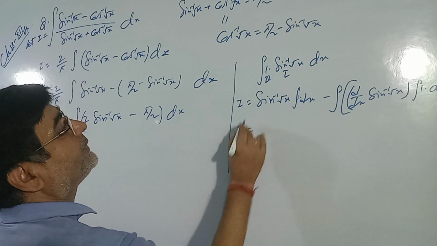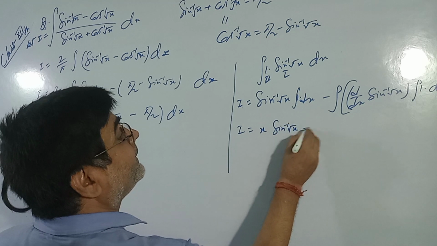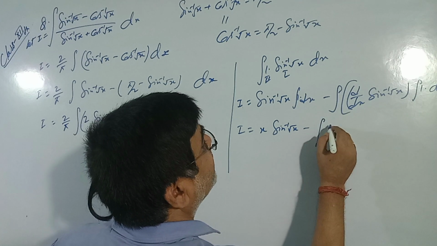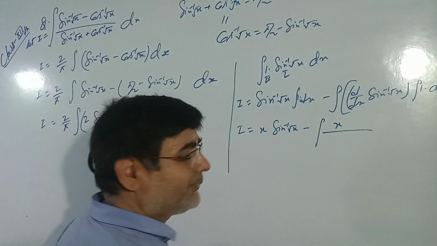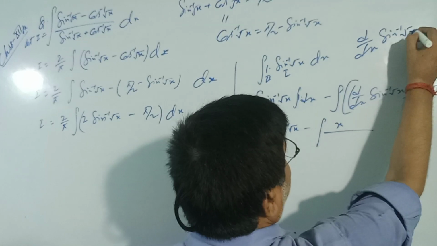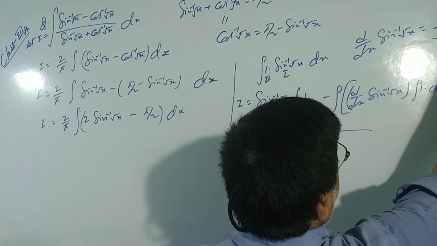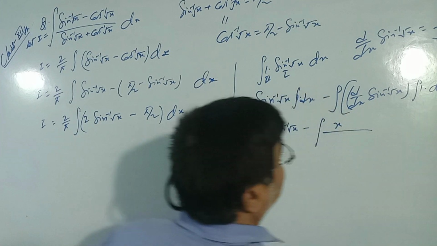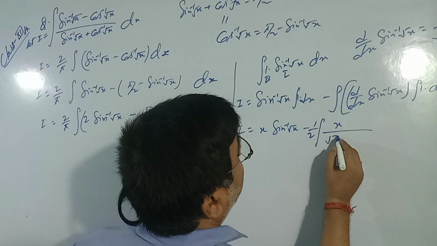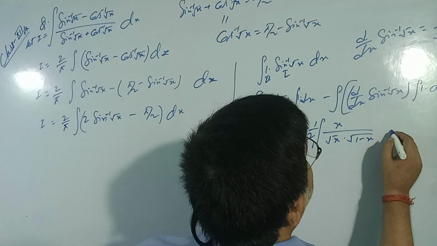So I equals x sine inverse root x minus the integral of x, where the derivative of sine inverse root x is 1 by under root 1 minus root x whole square, into 1 by 2 root x. That means 1 by 2 root x into 1 minus x dx.